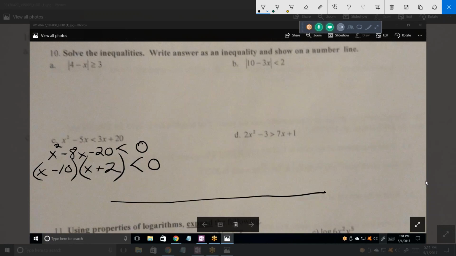First of all, you identify what your critical points are. Your critical points are anything that makes either term equal to 0. So 10 and minus 2 are my critical points. Or if I had an expression like this, it would still be 10 and minus 2 as my critical points.